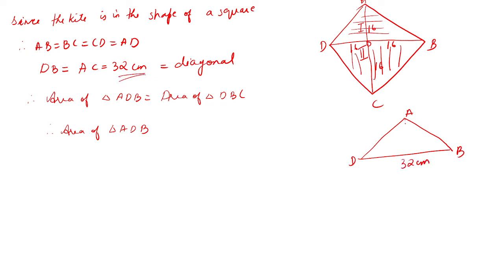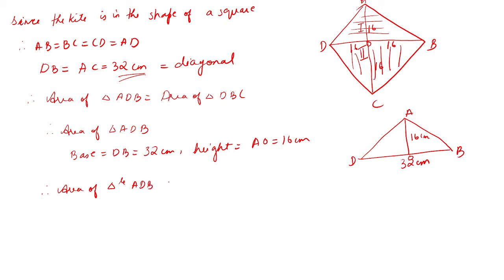And what is this equal to? 16. Now, what is the base here? The base is equal to DB, which is 32. And the height, can I name my height as AO? So AO is going to be 16 centimeter. Clear?